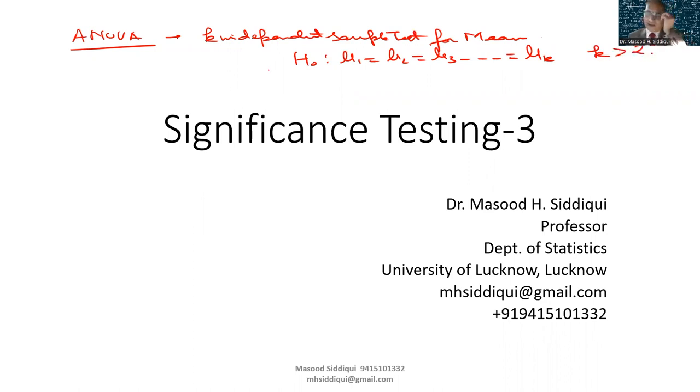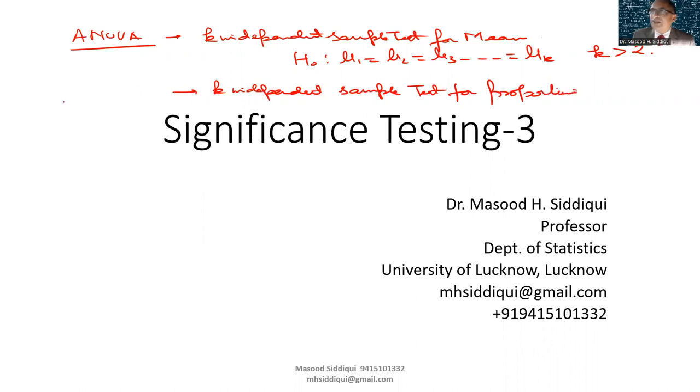And this is for ANOVA. In the same way, we can examine another aspect, that is the k independent sample test for proportion, which is better known as the chi-square test of proportion.